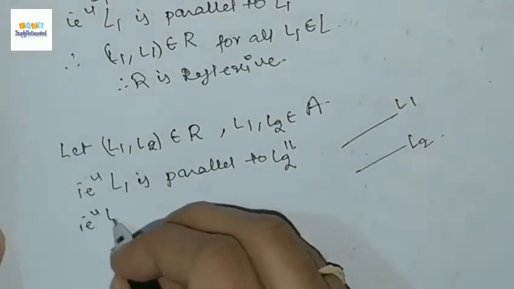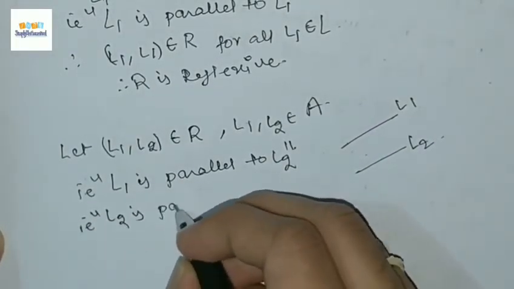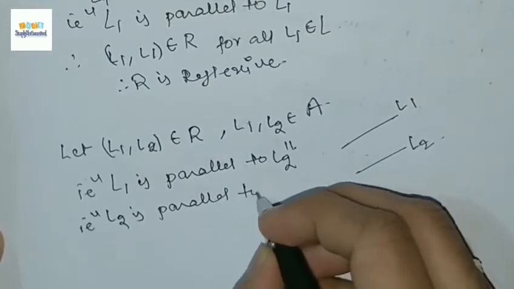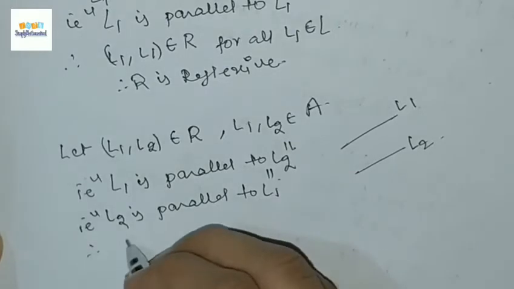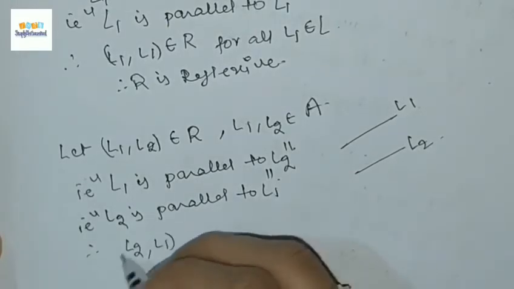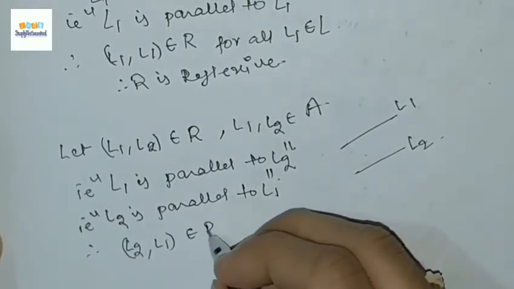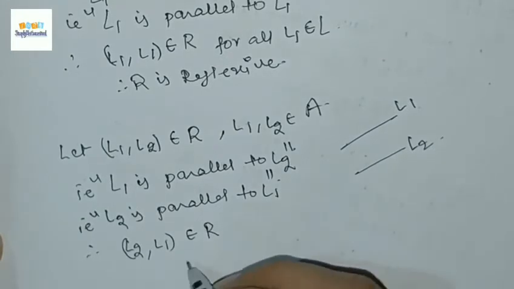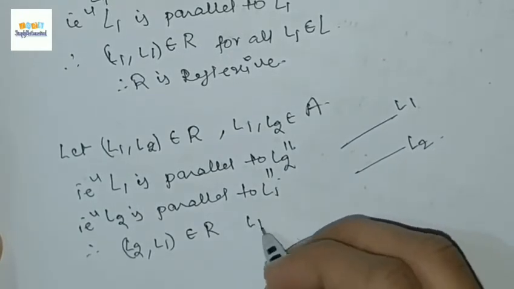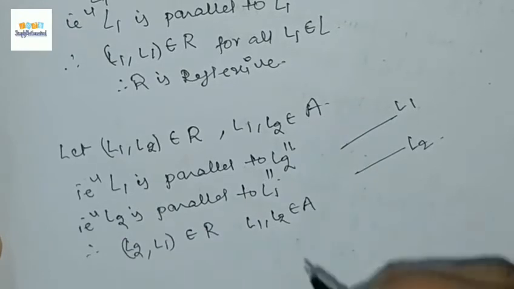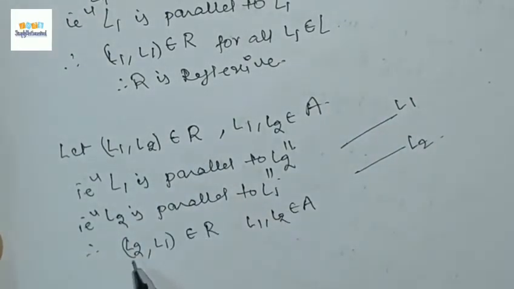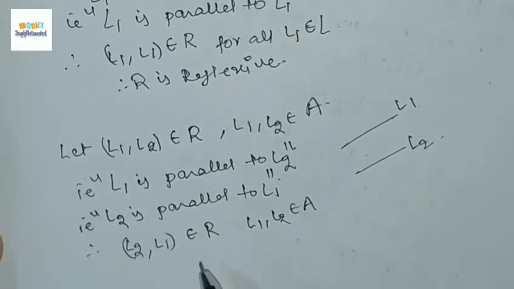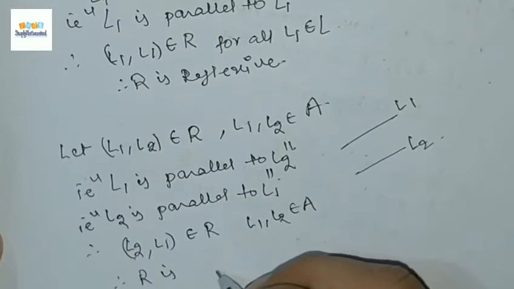So that is L2 is parallel to L1. Therefore L2, L1 belong to the set R. So L1, L2 belong to R implies that L2, L1 belong to R. Therefore R is symmetric.